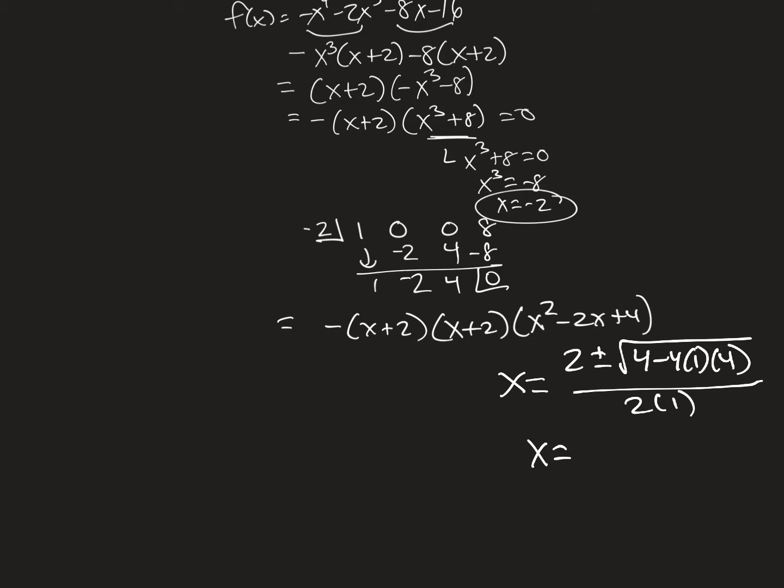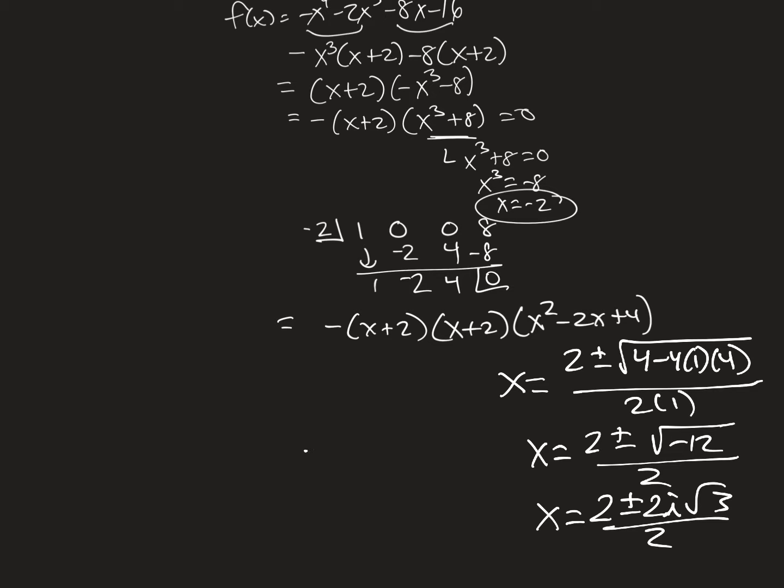So the imaginary roots are going to be 2 plus or minus the square root of negative 12 over 2. Negative always comes out as i, and I also can take the square root of 4 out as 2. So 2 plus or minus 2i root 3 over 2. So the 2 imaginary roots are 1 plus or minus i root 3.